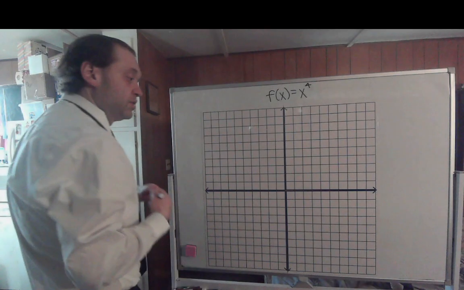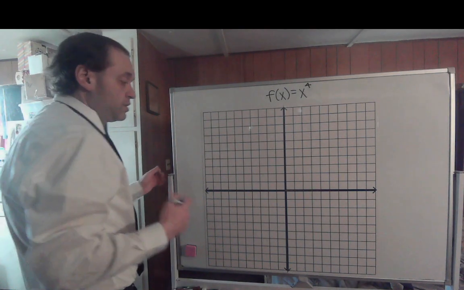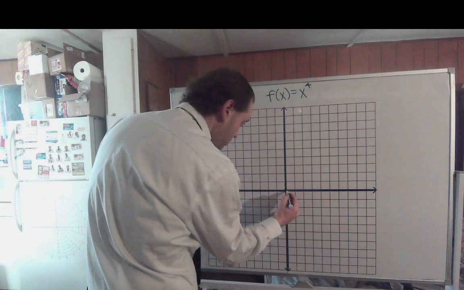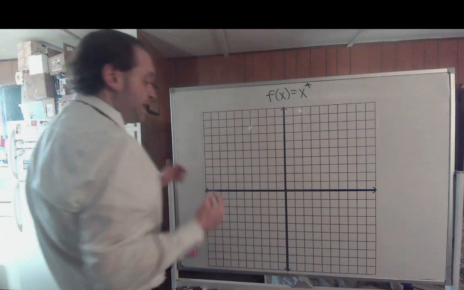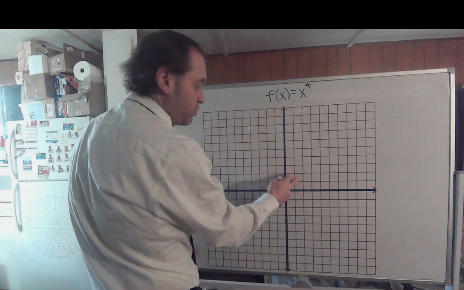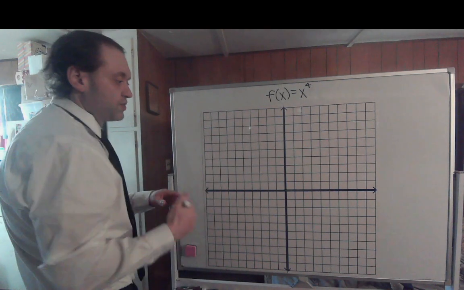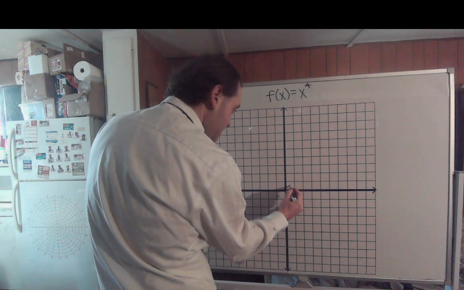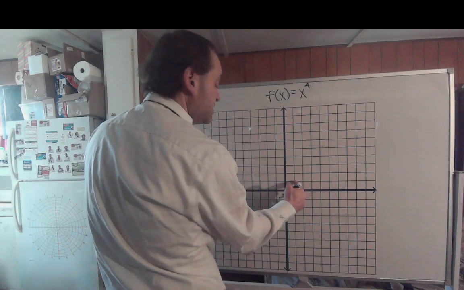What would that look like? Well, of course, when x is 0, you'll still have 0, 0, right? Now, let's say one of these units on the coordinate plane is worth 2 units. There's a reason for that. So when x is 1, y is 1. But what about when x is 2?